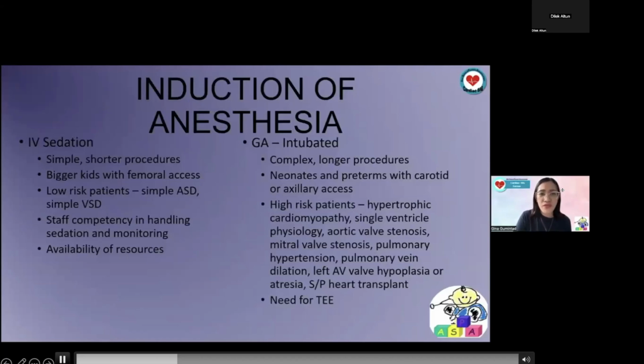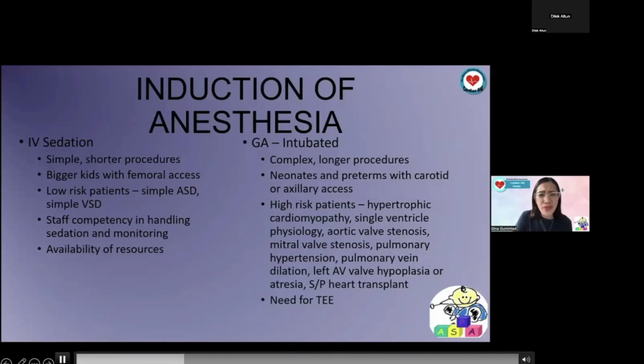We establish if the patient is for IV sedation or if we need to intubate the patient. Dr. Luisa Go already discussed the considerations for choice of procedural sedation, from patient characteristics to complexity of the case, even taking into consideration the capacity and competency of the whole Cath Lab staff.